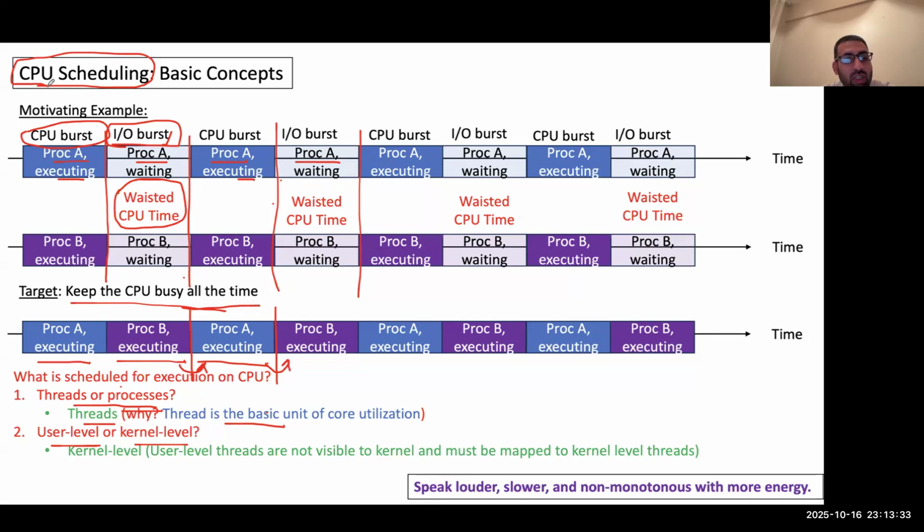And why CPU scheduling? Because in older times you had single core CPUs. It doesn't matter whether you say CPU scheduling, because one thread runs on one core, right? But in older times you had only one core in your system, so the core and the CPU become synonyms of each other.